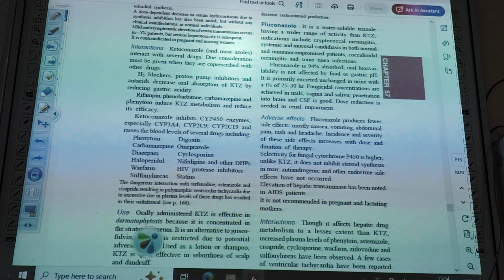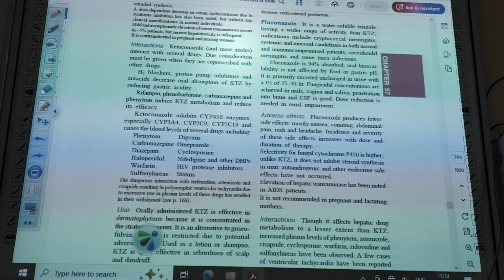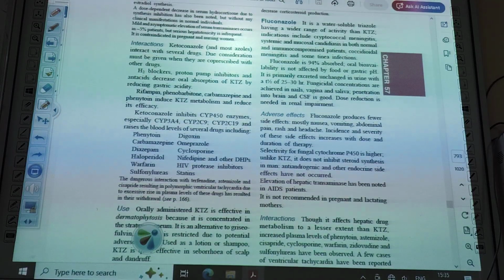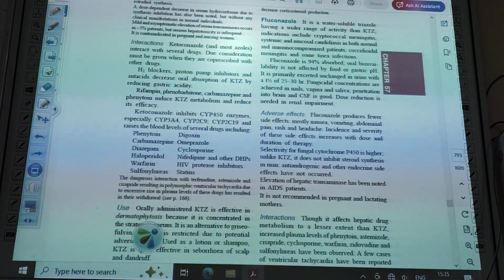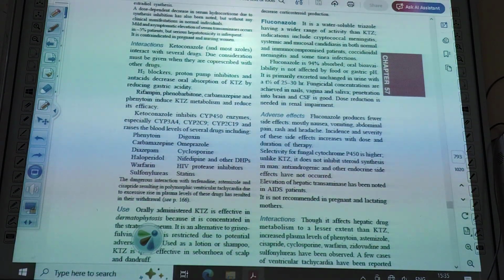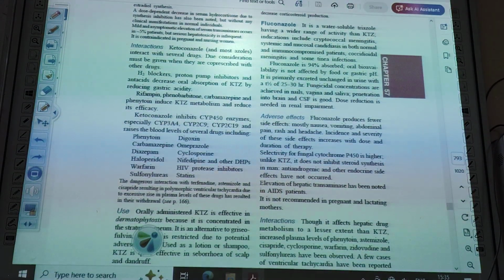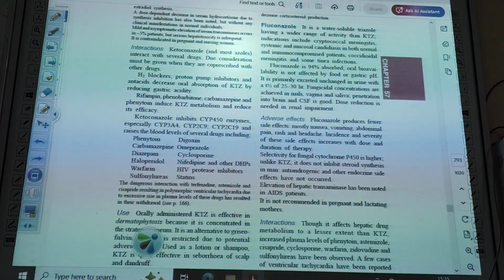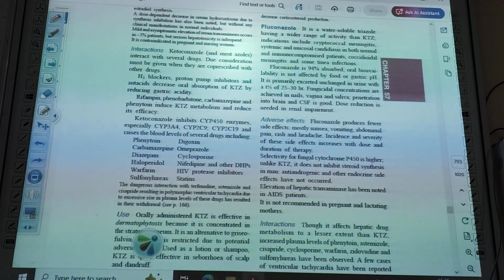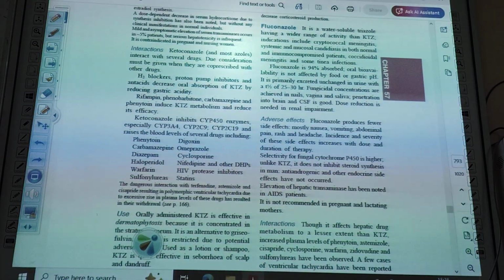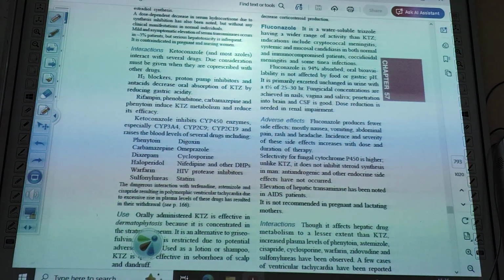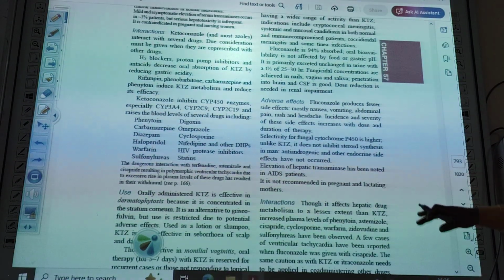Fluconazole is 94% absorbed. Oral bioavailability is not affected by food or gastric pH. Ketoconazole is affected by gastric pH. At low pH it will be absorbed, but if the pH is raised, then there is no absorption or reduced absorption of ketoconazole. In the case of fluconazole, these difficulties are overcome. Fungicidal concentrations are achieved in nails also.